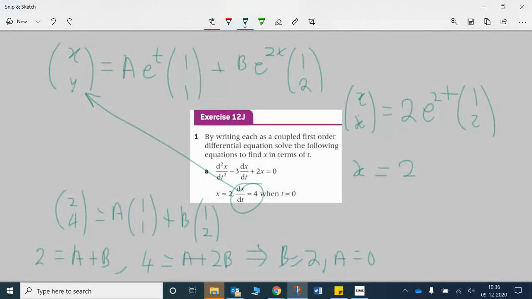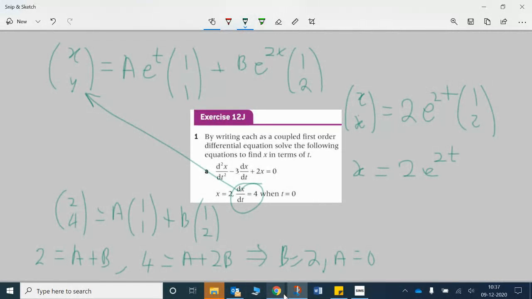If we were just interested in x dot, it's the 2 times this. So we're getting x is equal to 2e to the 2t. There we go, that's the final answer in this case. We're not interested in the second solution of dx/dt because they're not asking for that in this question.